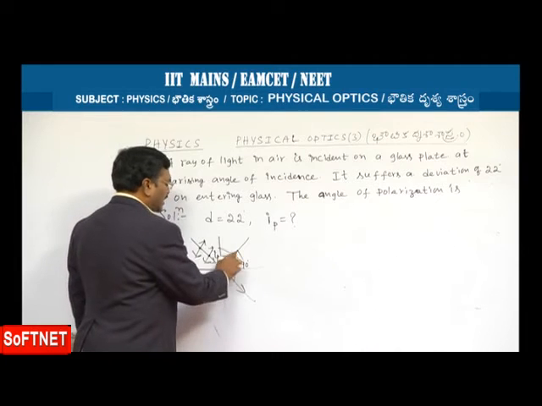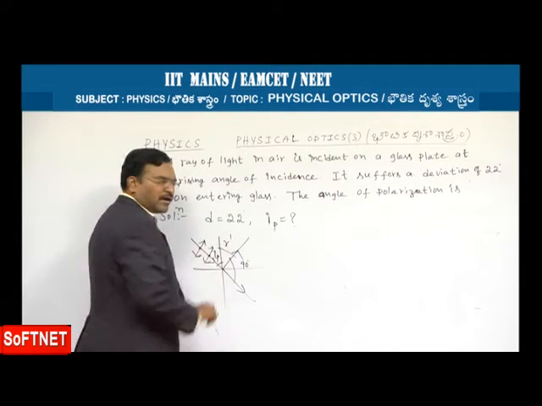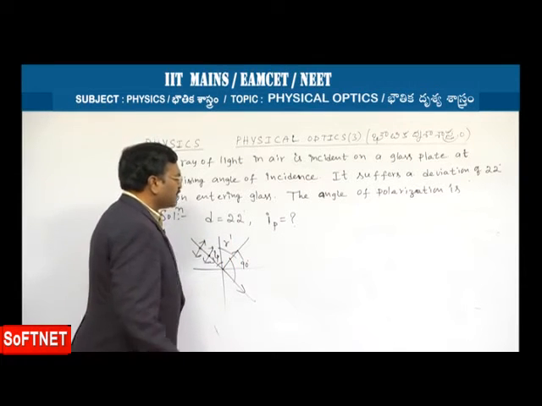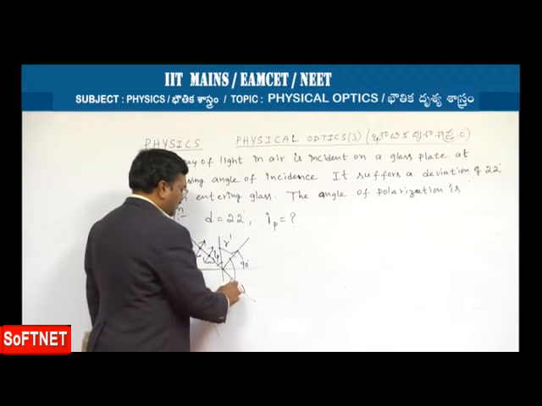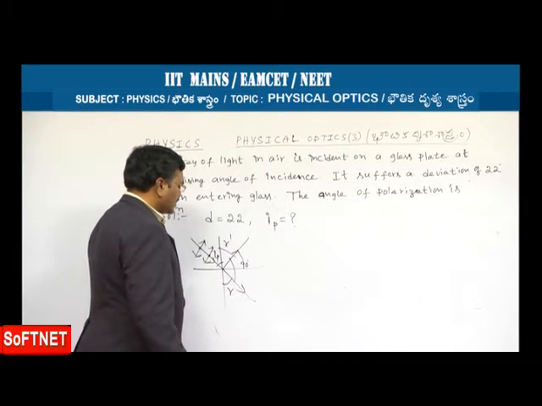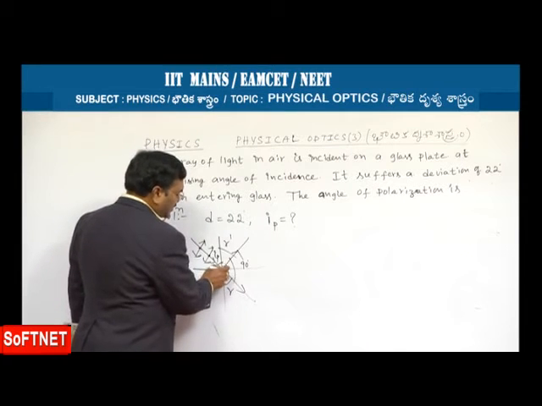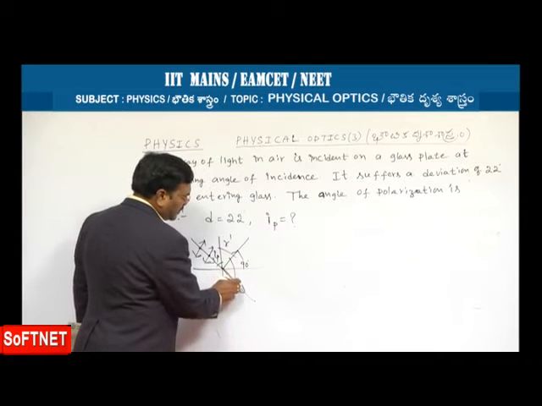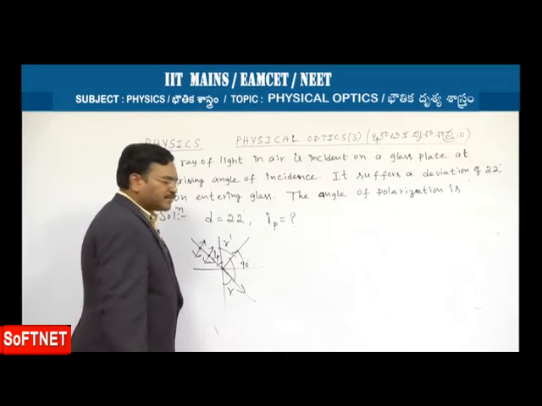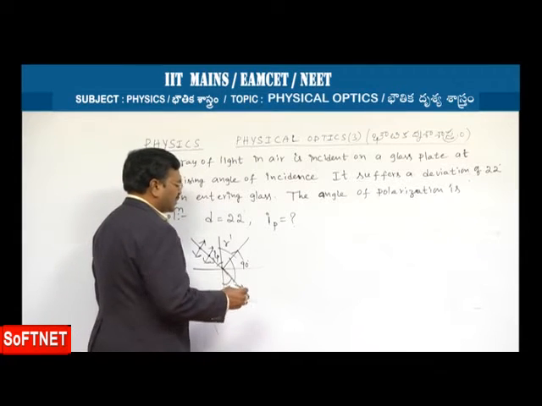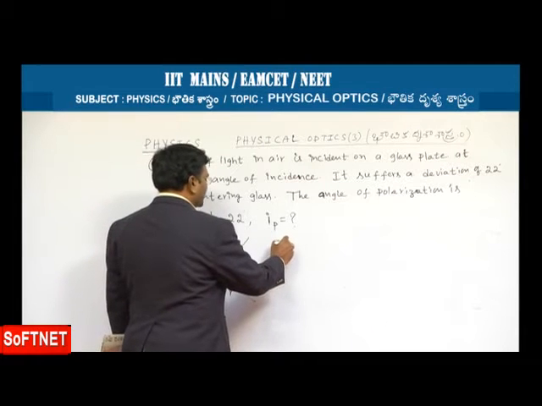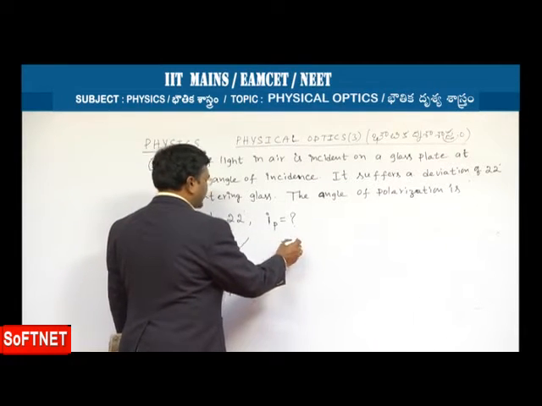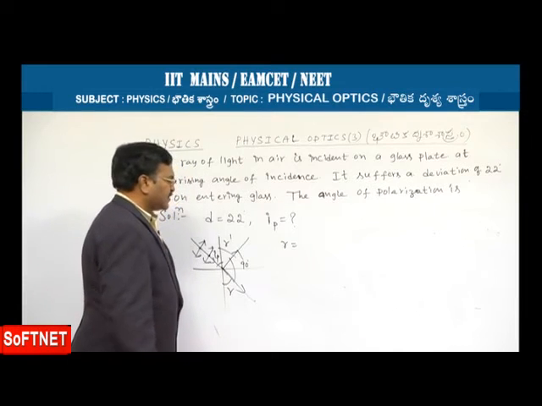Now the angle of reflection is R dash, according to the laws of reflection, and the angle of refraction is R. From this, deviation is equal to I minus R.